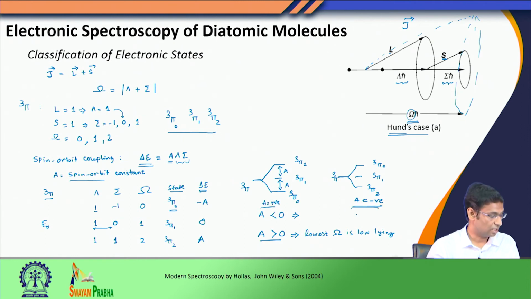So, based on the value of the spin-orbit coupling, we can have the splitting in this situation. So, now we learn how we can identify the state. We talked about its spin multiplicity, its orbital angular character, and we also talked about its total angular momentum character like triplet pi 2 or triplet pi 1 or triplet pi 0.